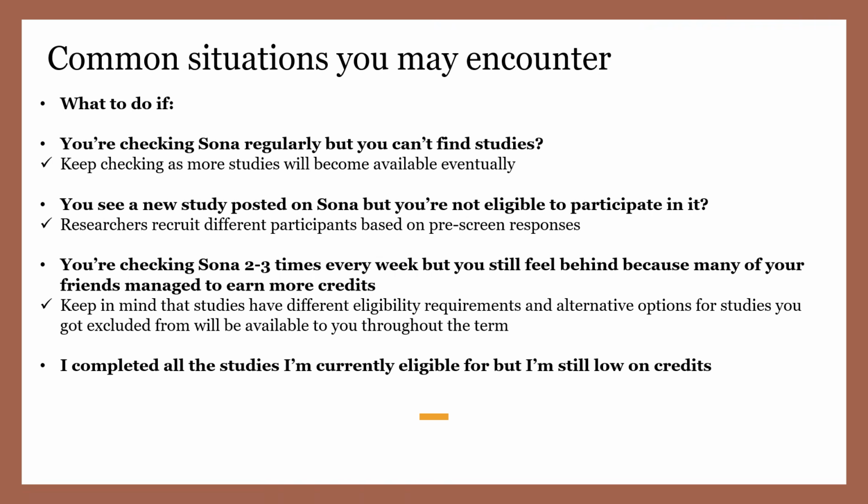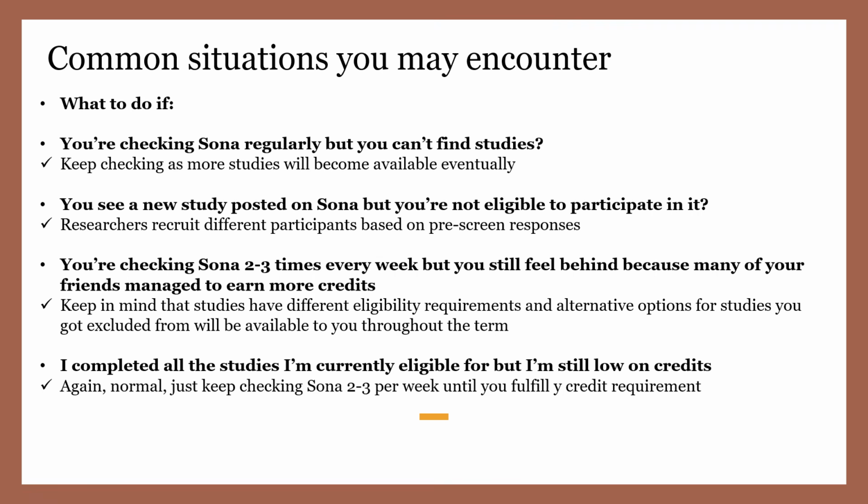There is a lot that goes into posting studies, so it's not a simple process of just plugging studies into the system. It has to go through IRB approval and a lot of planning. So just be patient with it. Just do your part of checking the system, and I will do my part of posting enough studies by the end of the term, and hopefully you will be able to fulfill the required credits by the end of the term.